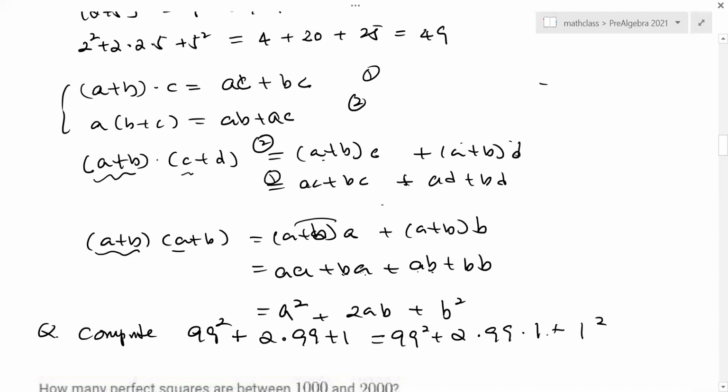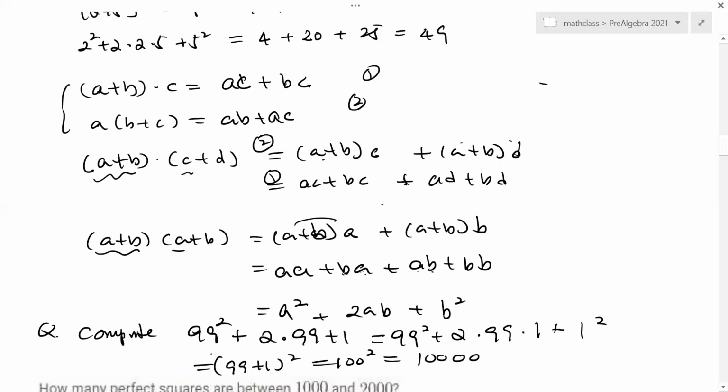So it's going to be 99 plus 1 squared, which is 100 squared. Then you get this answer. But if you compute 99 squared first, then plus 2 times 99, you will still get the right answer, but it's complicated.